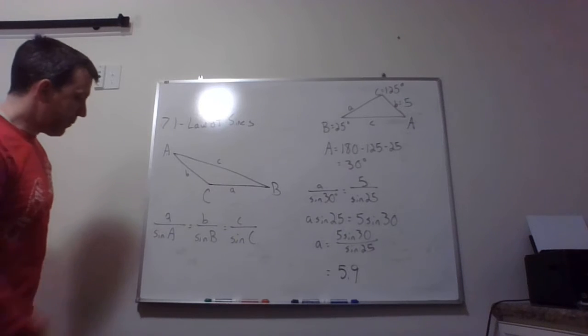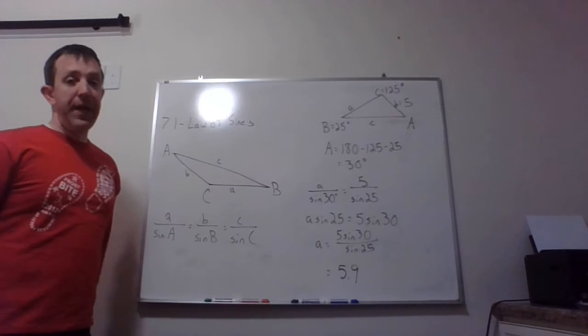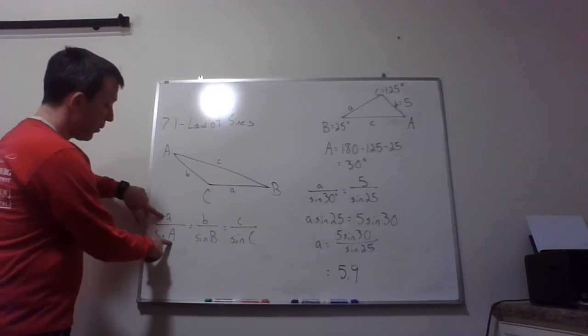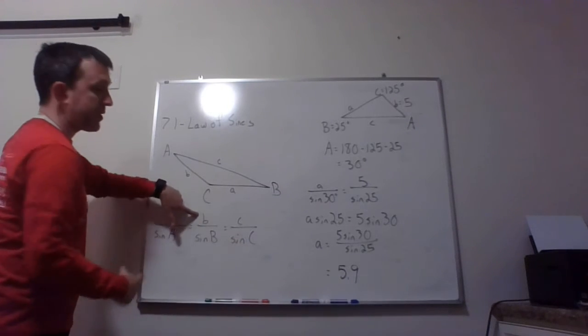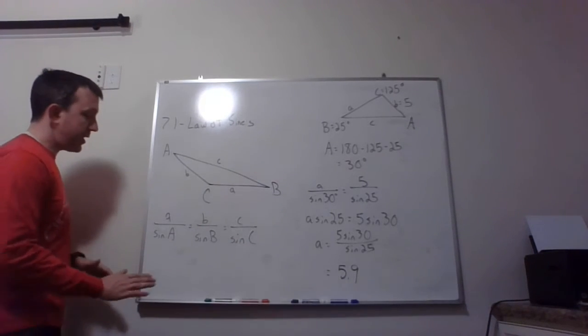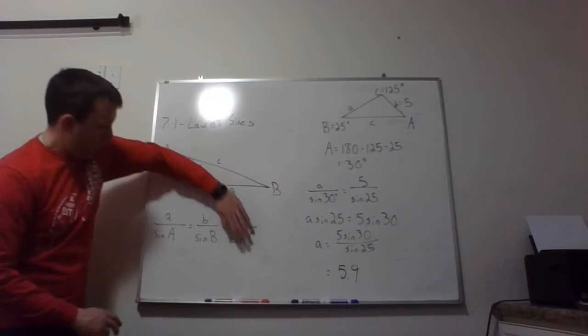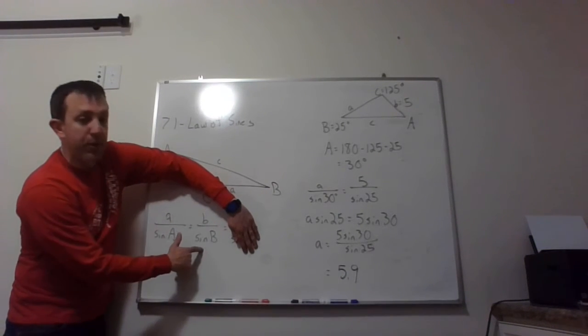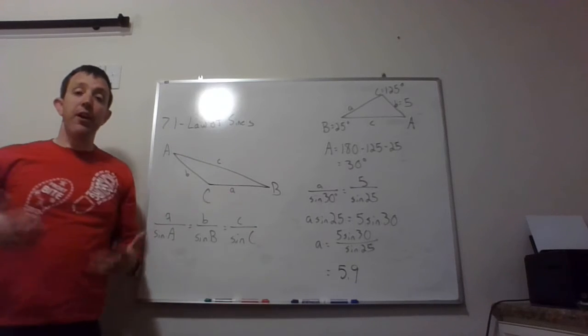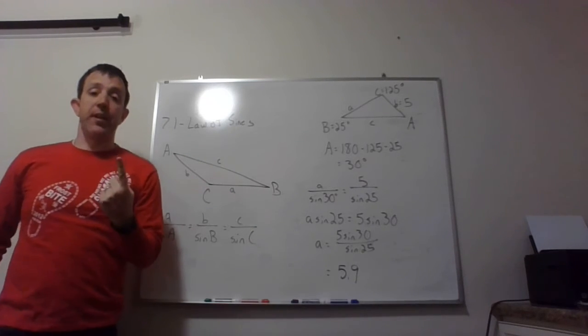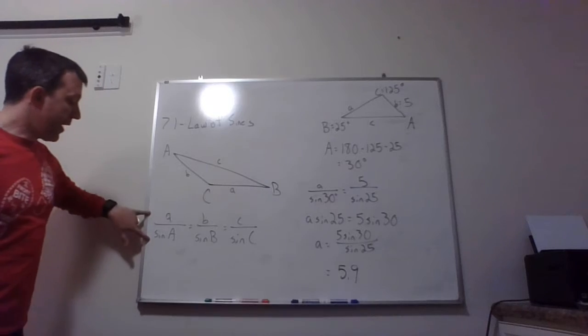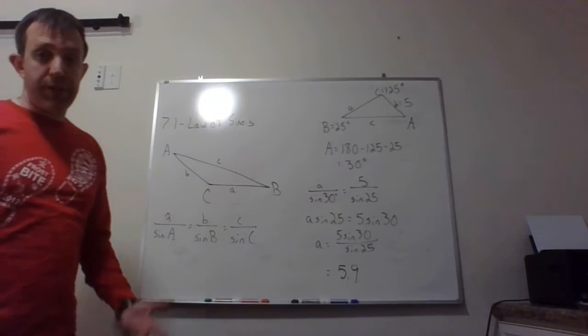So you have to have at least three pieces, and you have to have a pair. So you either have to have both A's, both B's, or both C's to make it work. And again, if we want to try and use these two, A over sine A and B over sine B, we can only have one piece missing. And so we need one complete fraction and then part of the other one in order to actually solve for something.